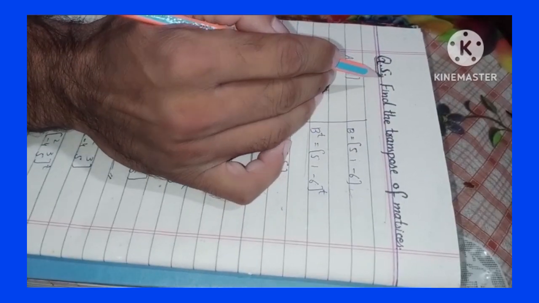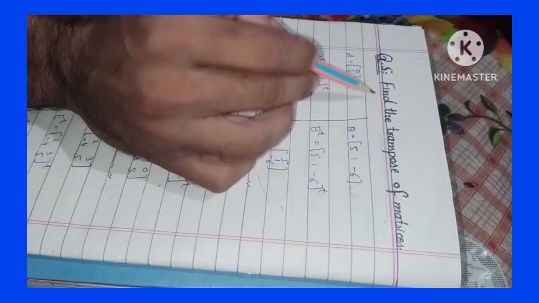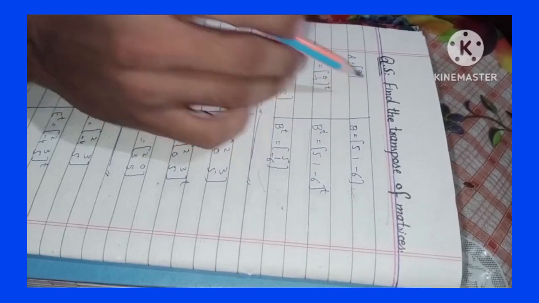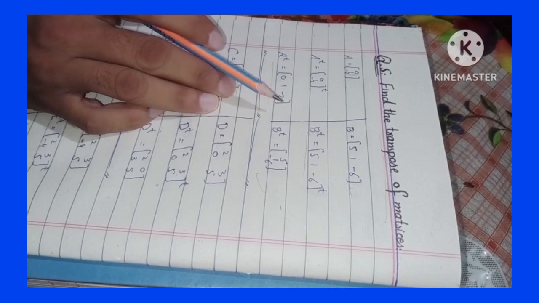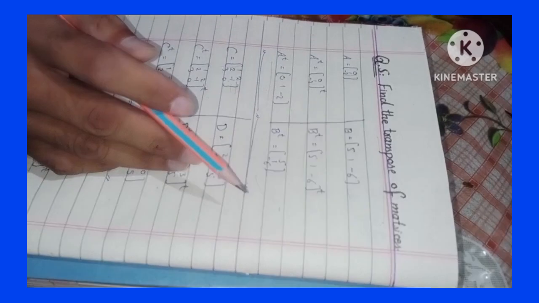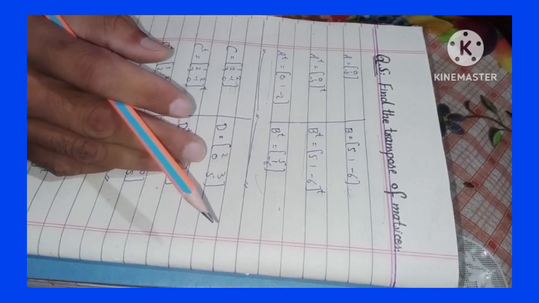Question number 5 is: find the transpose of matrices. Columns changing into rows and rows changing into columns of any matrix is called the transpose of the matrix. It is your choice: column change into row or row change into column.